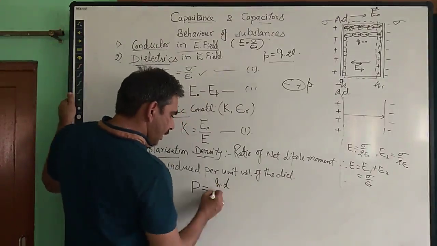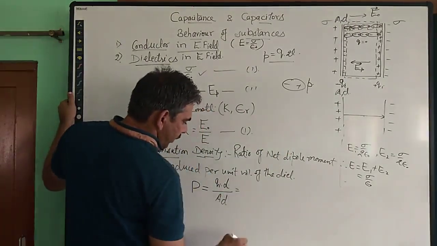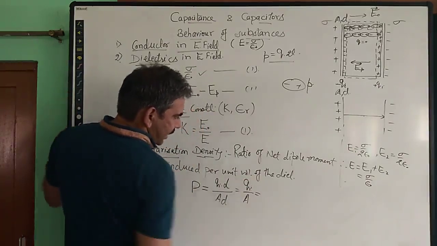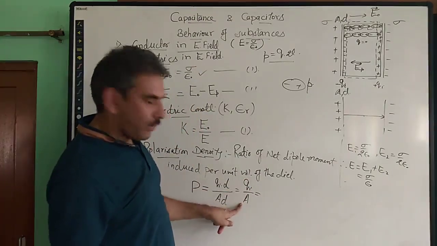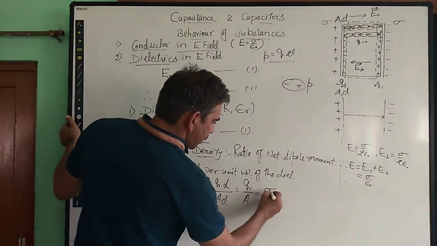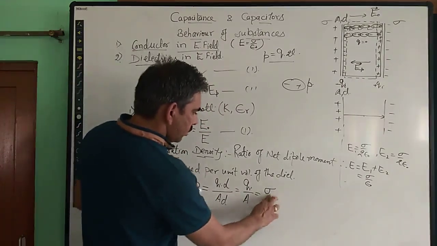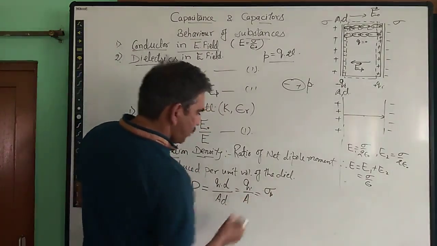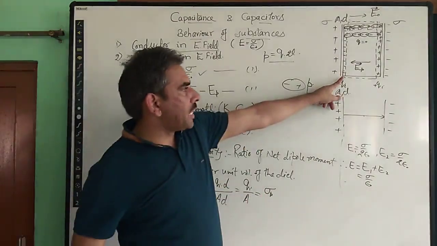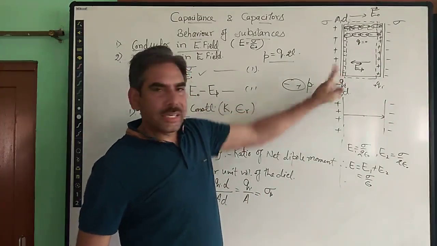So, this is the net dipole moment, and we want it per unit volume. Total volume is A into D. So, D cancels out and we are left with Qi upon A, which simply represents the charge that has accumulated on surface A, having area A. So, that is sigma, or we can write it as sigma P. This is the surface charge density due to polarization on the opposite surfaces of the dielectric.